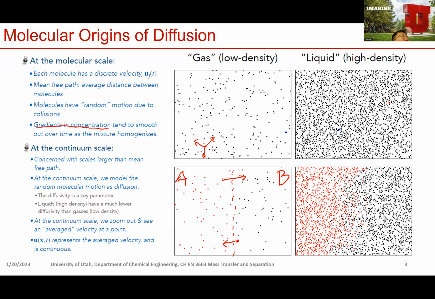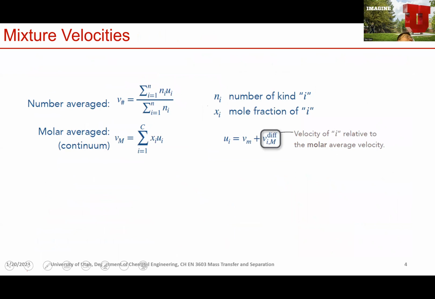So how do we describe this flux or this convective movement at a continuum scale? We can define an average velocity, U, as a function of space and time to describe the convective movement. Then this average velocity is like the average velocity for all individual molecules or particles.